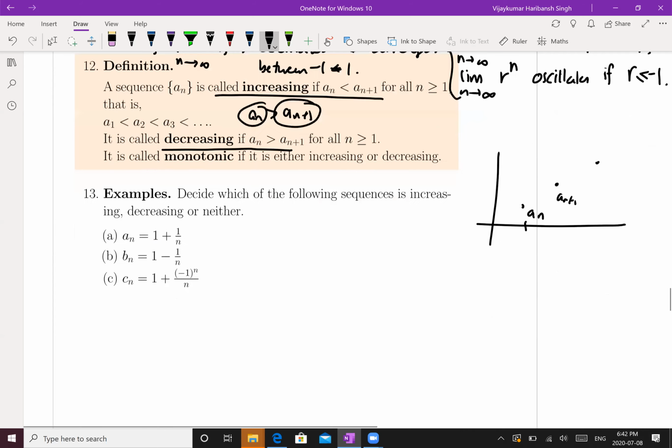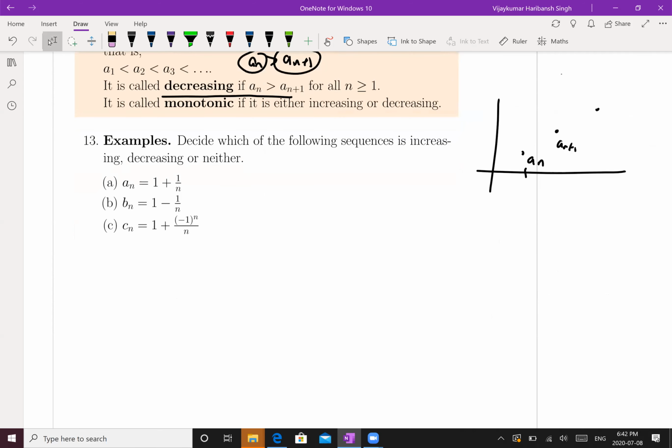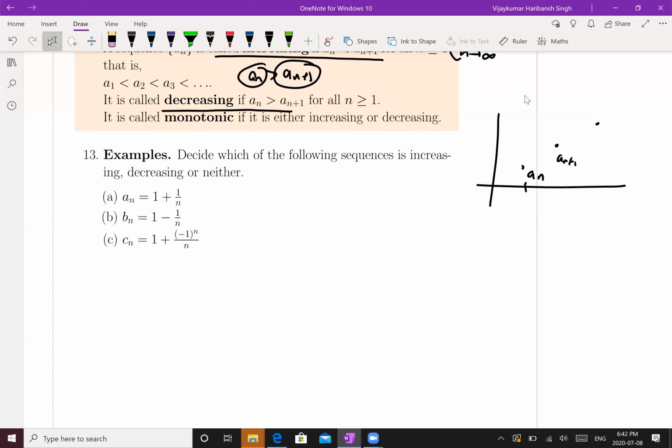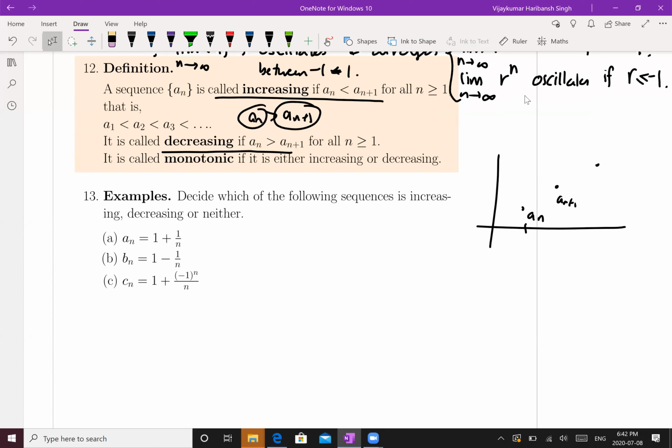So let's decide which of these are increasing, decreasing, or neither. Let's work with the first one. So what do we have? Here, let's see what a_n is. You can see that a_n is decreasing, right? Why is a_n decreasing? Notice the following. a_n is 1 plus 1 by n.